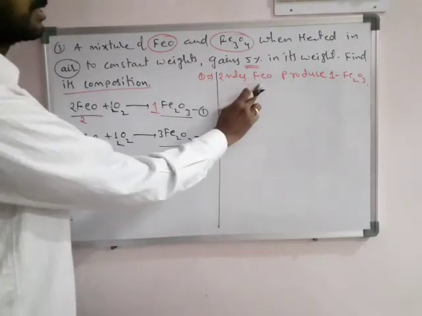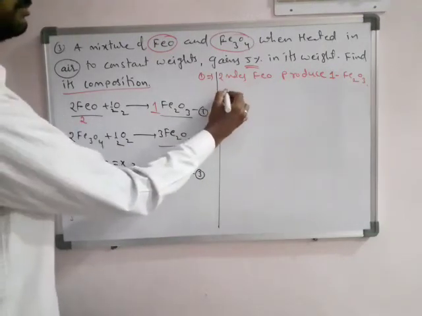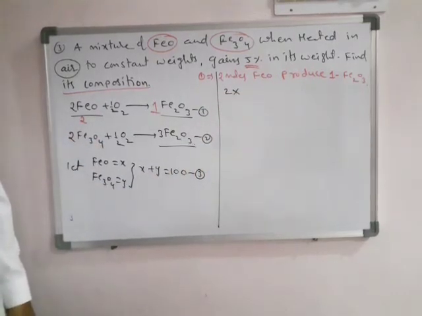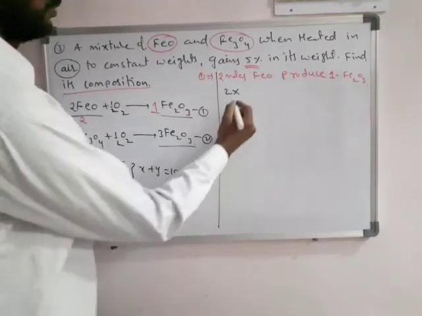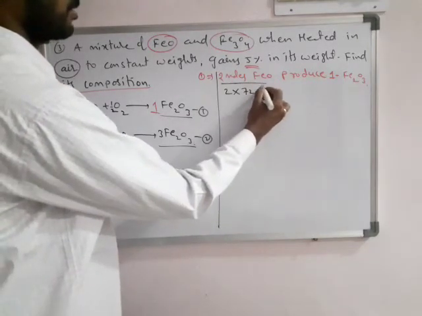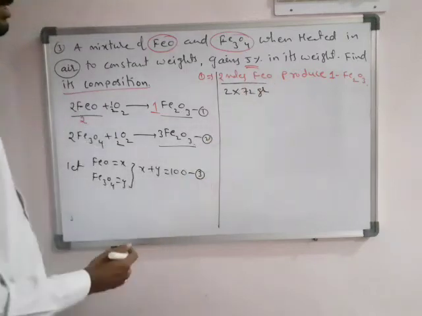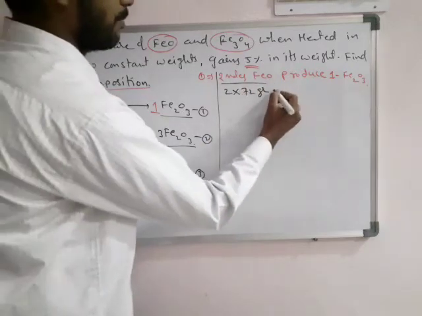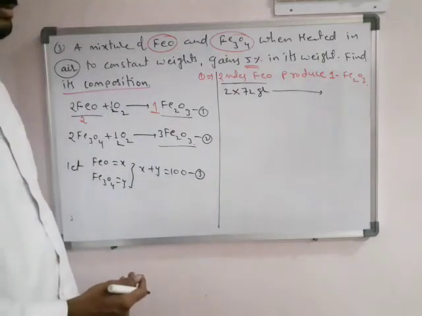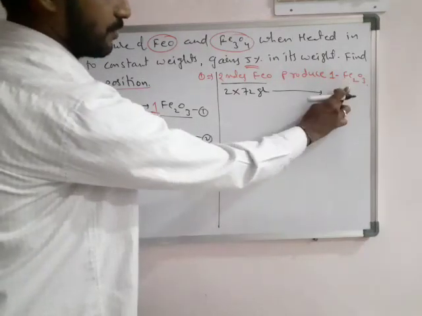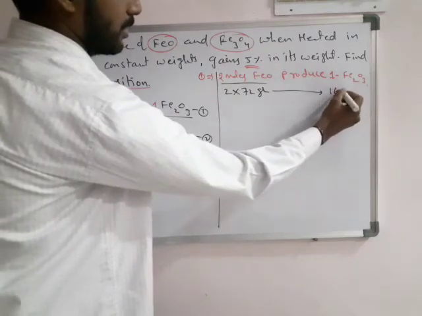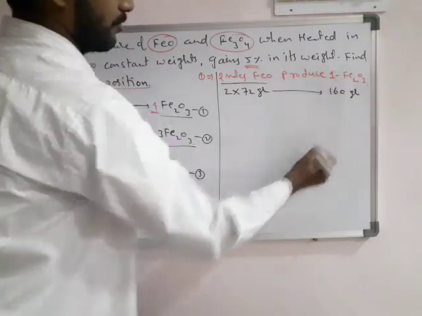Here 56 plus 16, that is approximately 72. 2 into 72 grams produce how much? 1 mole of Fe2O3 means 56 into 2 plus 48, which is approximately 160 grams of Fe2O3.